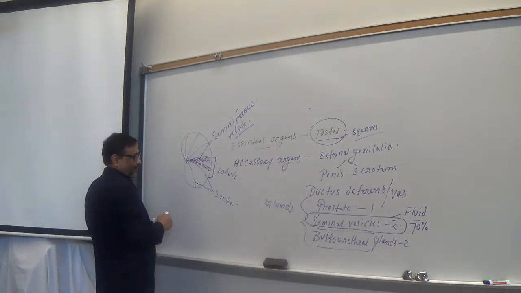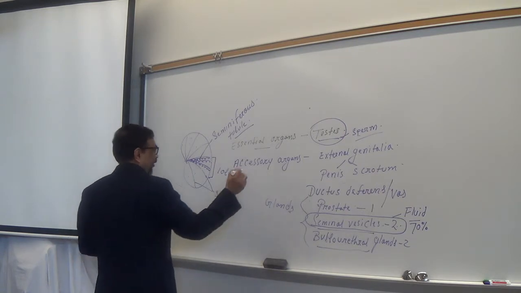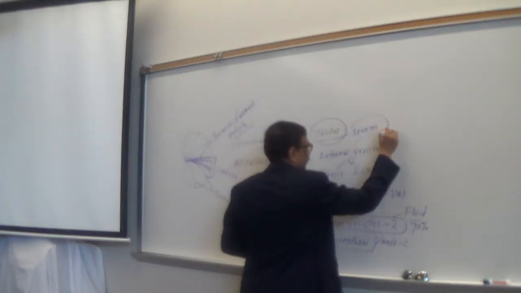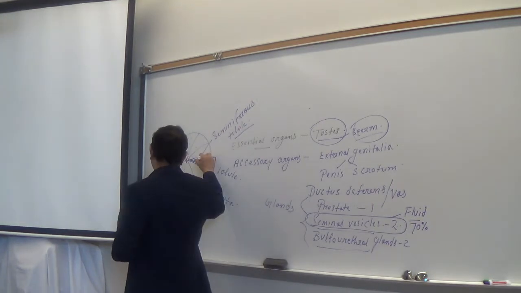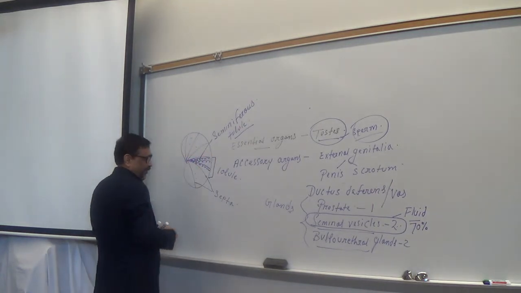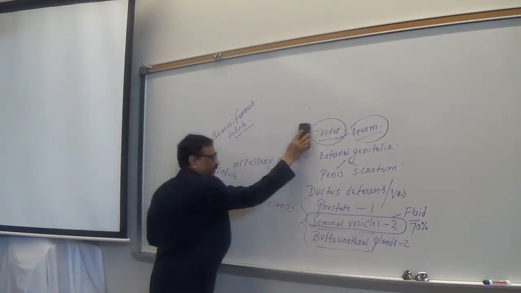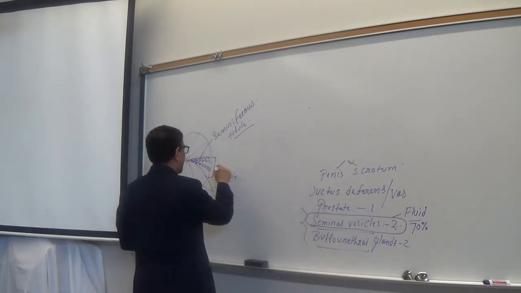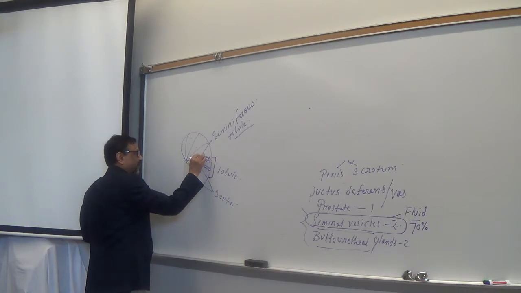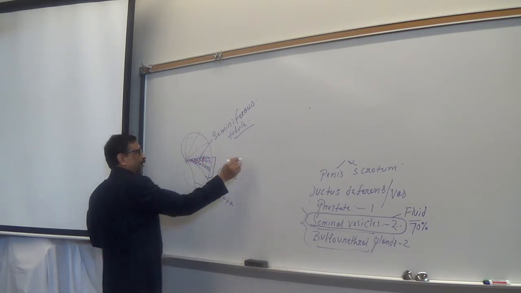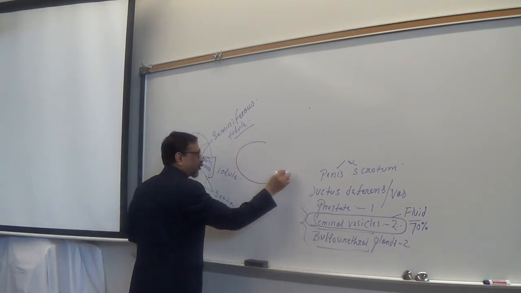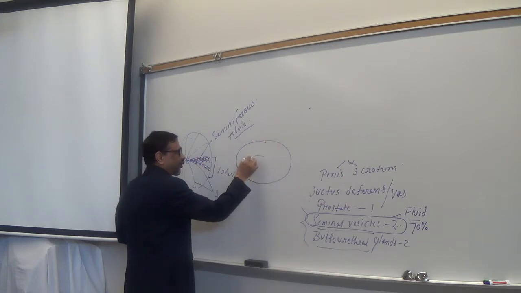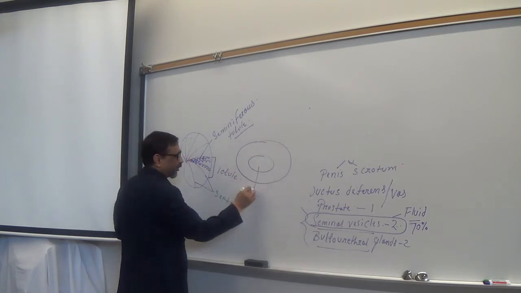Now, the sperm is produced inside the seminiferous tubule. Where? Inside the seminiferous tubule, if I cut the seminiferous tubule, just if I make a section here and see under the microscope, this is the tubule, this is the lumen.